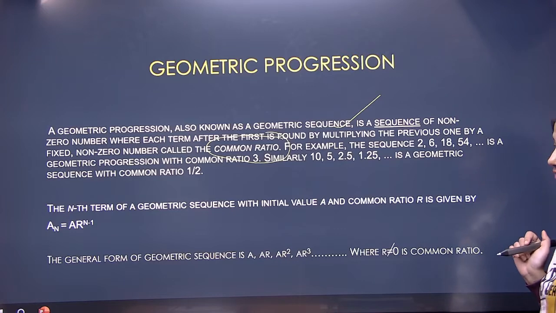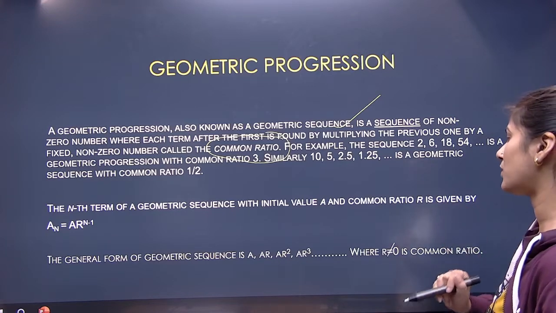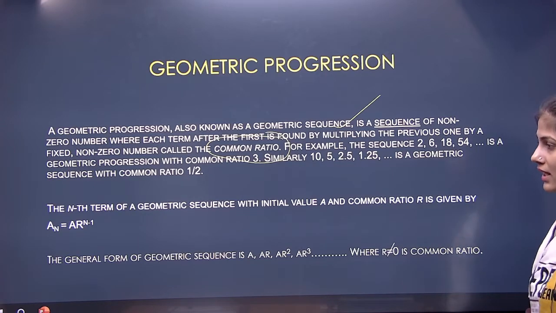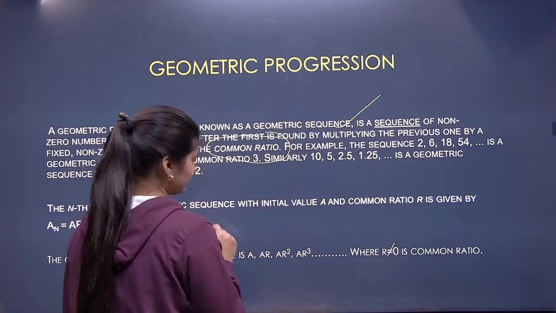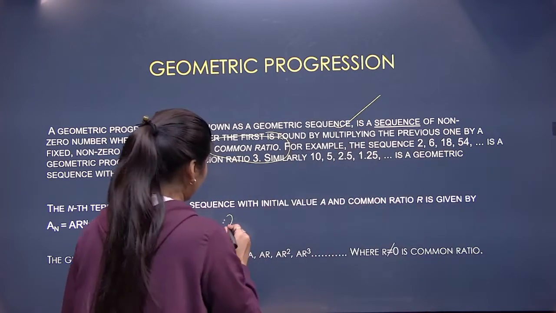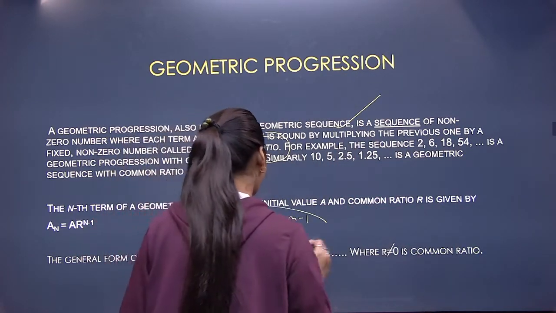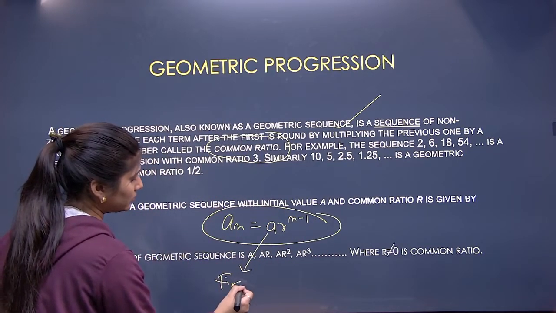The nth term of a geometric sequence with initial value a and common ratio r is given by a_n equals a r to the power n minus 1. If I write it in small letters, it is a_n = a r^(n-1). Now what is a? a is again the first term, as we know.